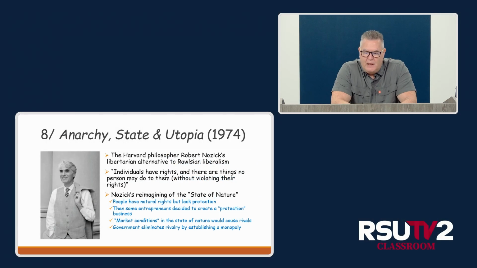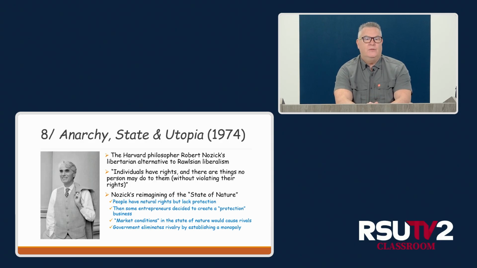A colleague of John Rawls at Harvard, Robert Nozick, is one of the leading articulators of this movement. He wrote a book shortly after A Theory of Justice was published called Anarchy, State, and Utopia. And in the preface of that book, he basically makes the argument: individuals have rights, and there are things no person may do to them without violating their rights.